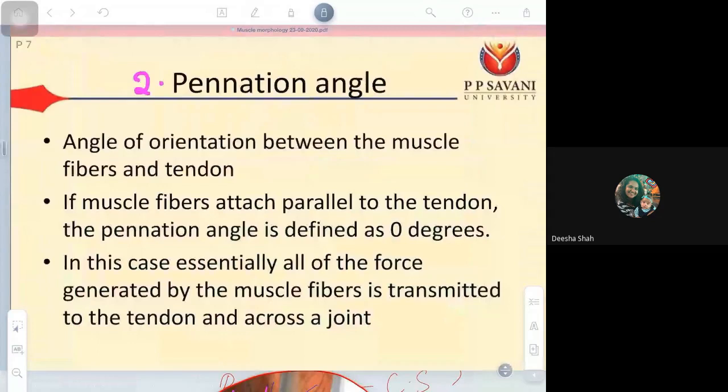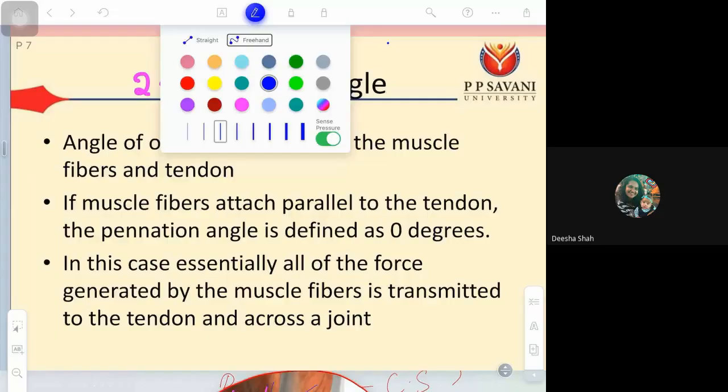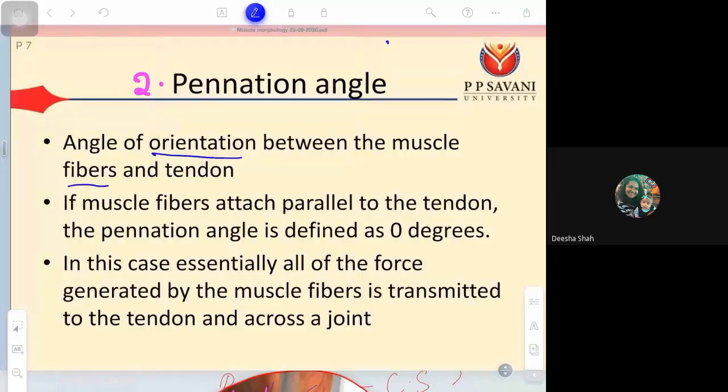What is pennation angle? It is an angle of orientation, the angle of orientation between muscle fibers and tendon. Listen carefully.